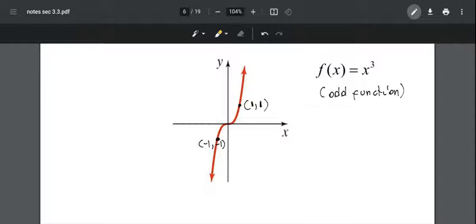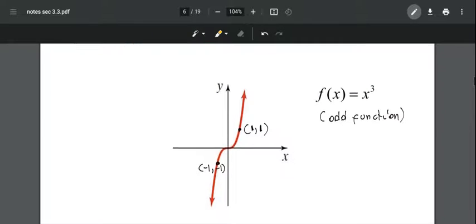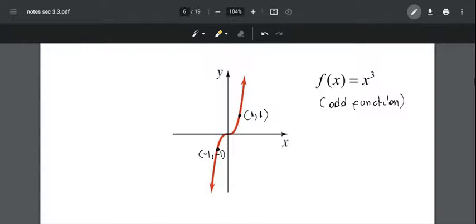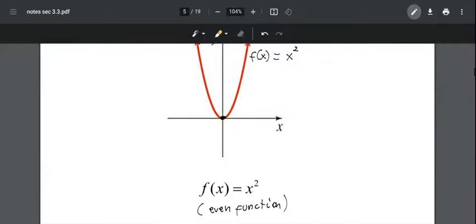The cube function is an increasing function in its entire domain, from negative infinity to infinity. Let's describe more.